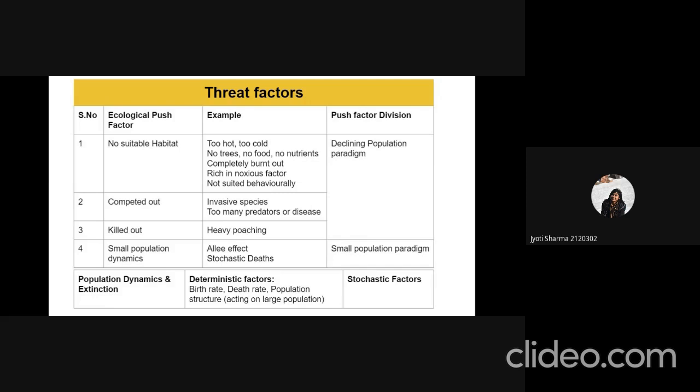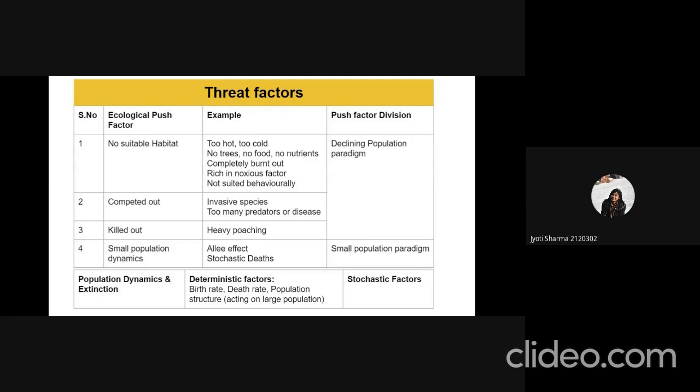Okay, then we have another factor related to population dynamics. So what are these? These are the deterministic factor and the stochastic factor. What's the difference between them?